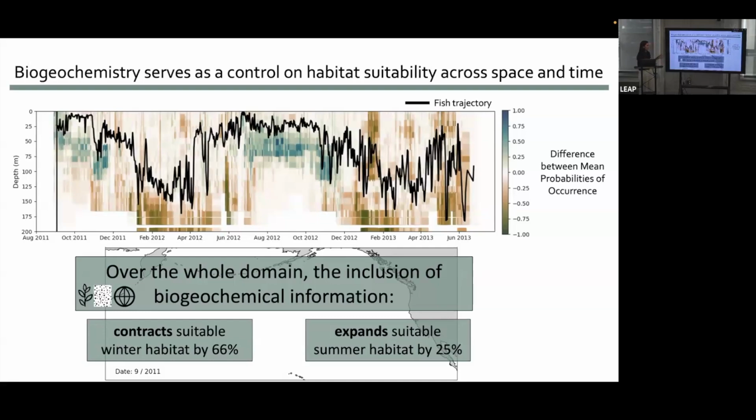So this perspective and understanding was really enabled by these four-dimensional data products. So that was really exciting to see. But these biogeochemical variables are playing a huge role in shaping habitat use and can provide some new insights when modeling species distributions.